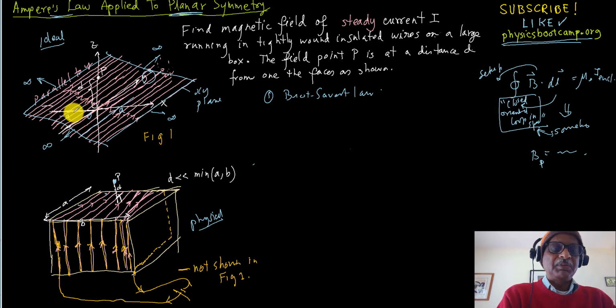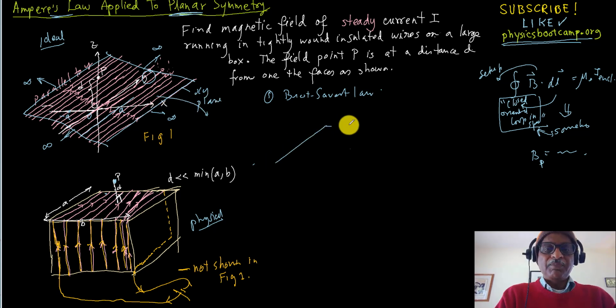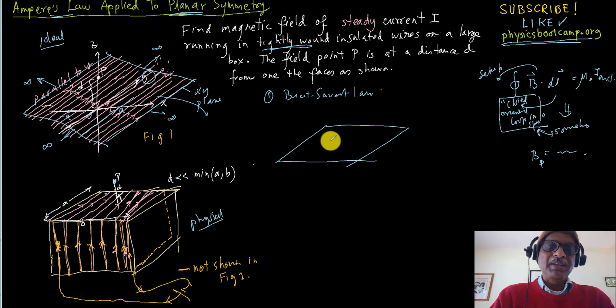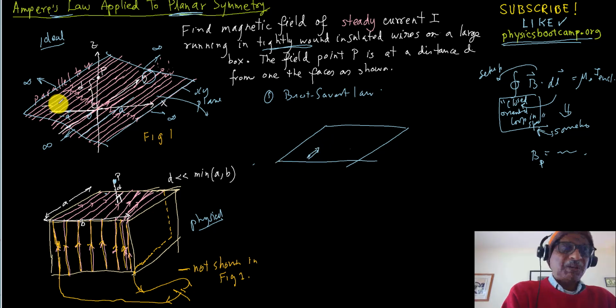But the physical wire may not have a wire going at minus a, so that's going to be a problem. So we make this continuous, and that's where the tightly wound comes in. If the wires are tightly wound, then we can forget that they are physical wires and just say that current flows in that direction. So we have to assign some kind of current value.